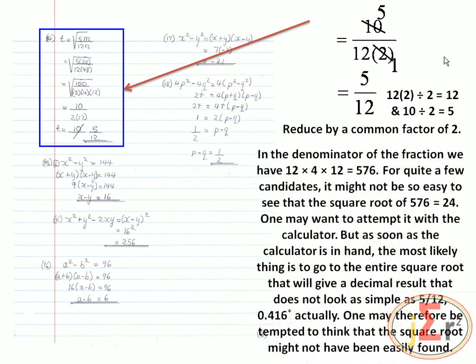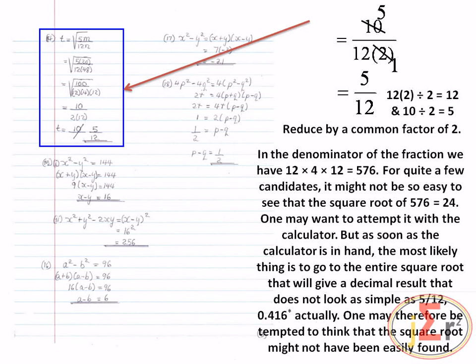In the denominator of the fraction, we have 12 times 4 times 12, which is equal to 576. For quite a few candidates, it might not be so easy to see that the square root of 576 is 24.